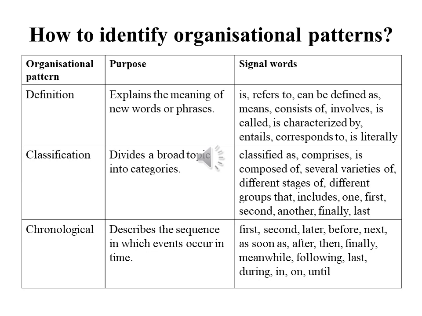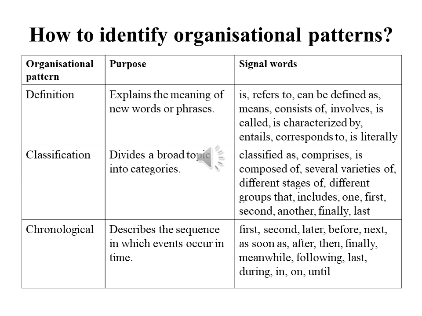Well, we move now to different patterns of organization, their purpose and signal words that go with each pattern. We start with definition, the purpose of which is to explain the meaning of new words or phrases. Common signal words that go with this pattern include is, refers to, can be defined as, means, consists of, involves, etc. Next pattern of organization that we look at is classification.